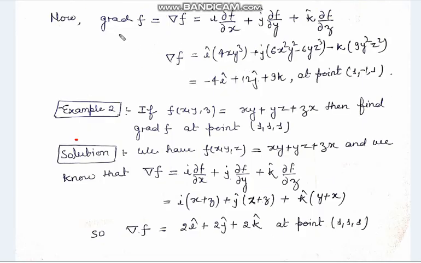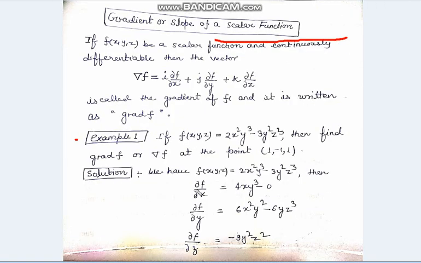Now we know that the gradient of f or ∇f is equal to i ∂f/∂x + j ∂f/∂y + k ∂f/∂z. Now we will put all these values from the previous slide.